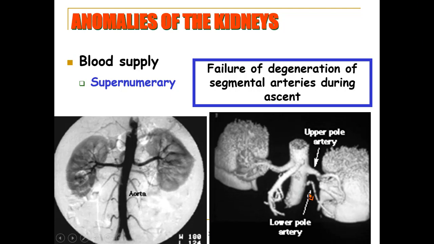However, like in this diagram, you could see the aorta and the renal artery entering the kidney, and below it lies an abnormal or accessory renal artery, like this one, also shown in this radiological picture.